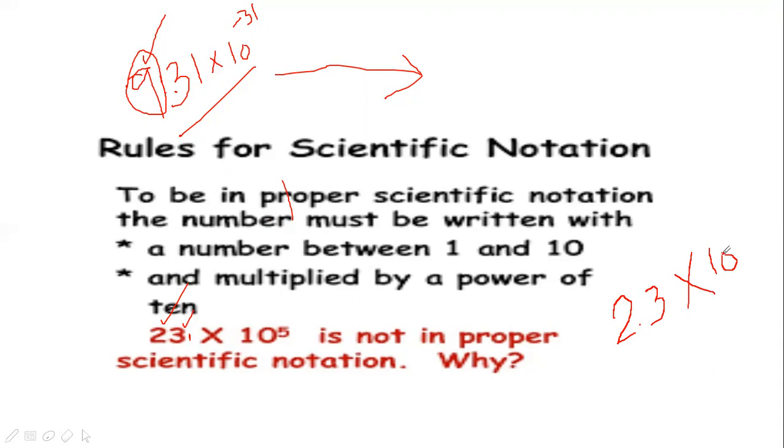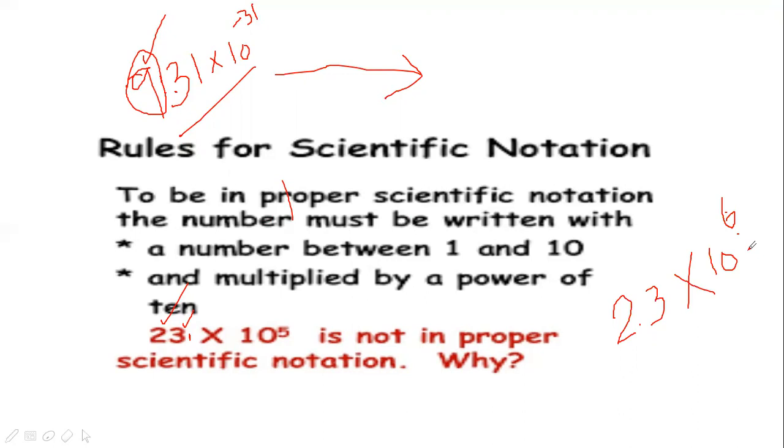The decimal point is shifted one digit, so the power will increase by 1. So now the same number, if you write it in this way, this is scientific notation.